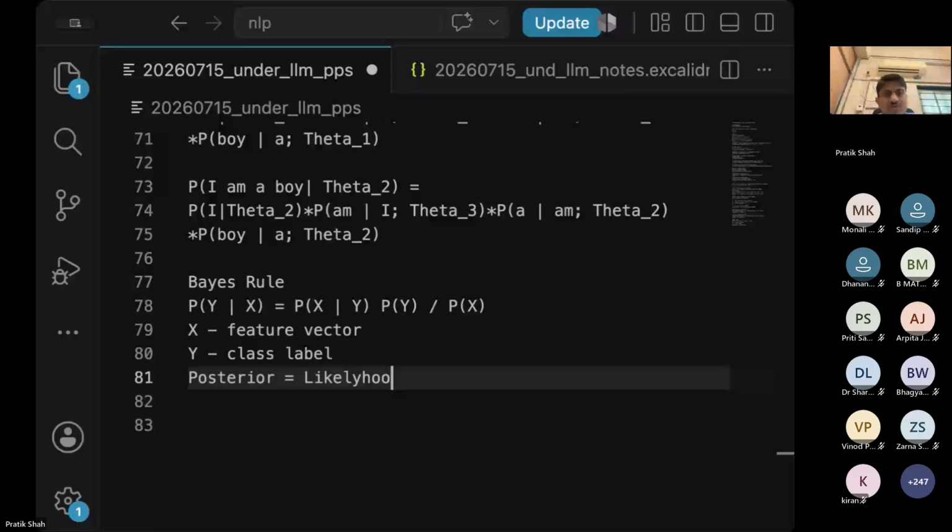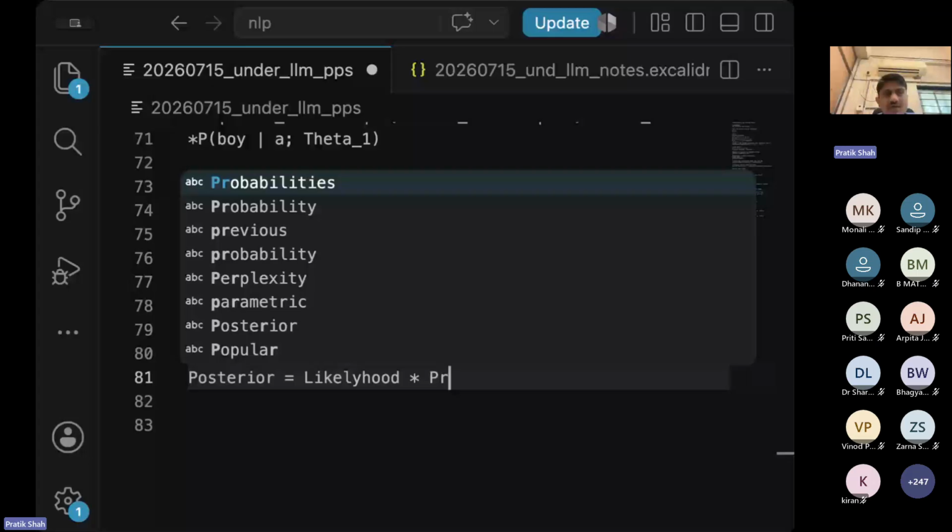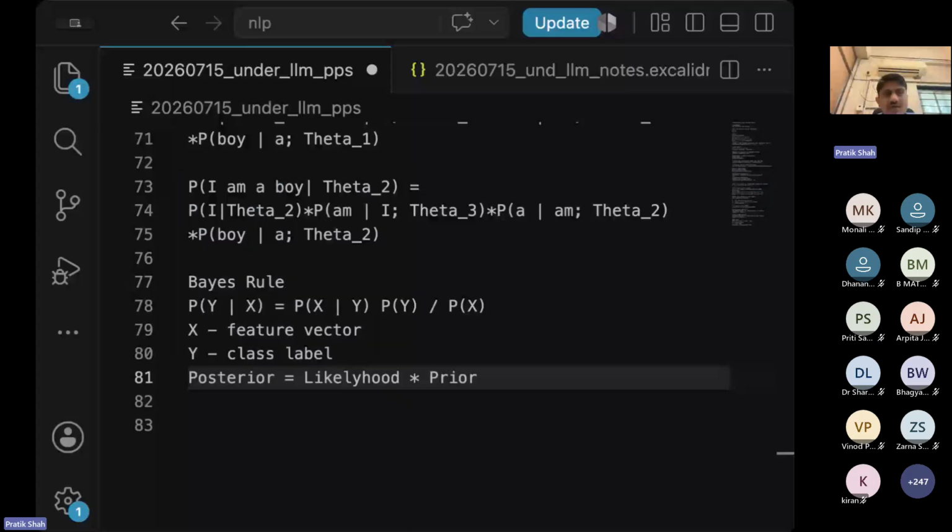Multiplied by what is P of Y? It's called prior. I know how likely it is that I will see a dog on a road. Now, what is your take on this? On a road, which probability is higher? Seeing a dog, seeing a cat, seeing a monkey, or seeing a cow? Which probability is highest?